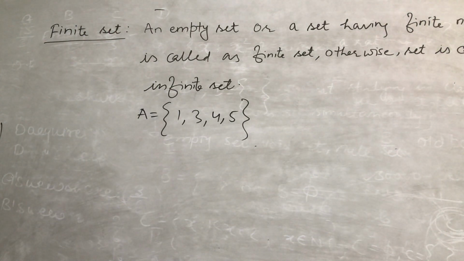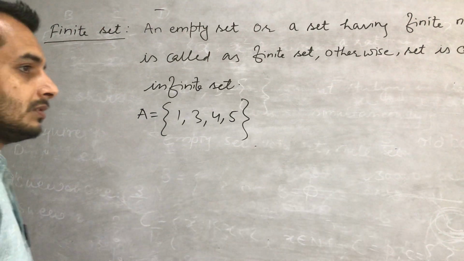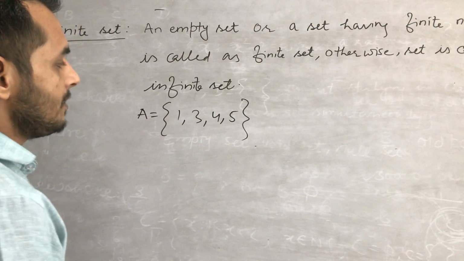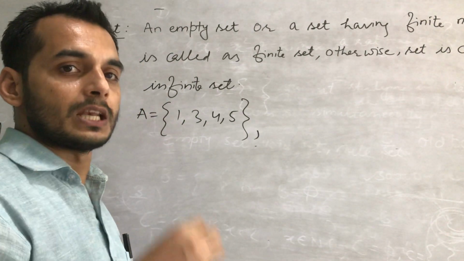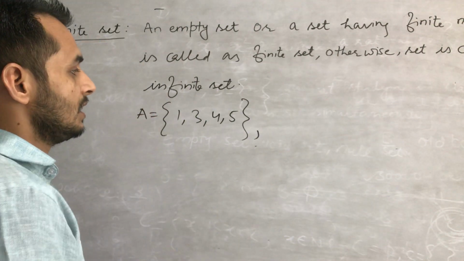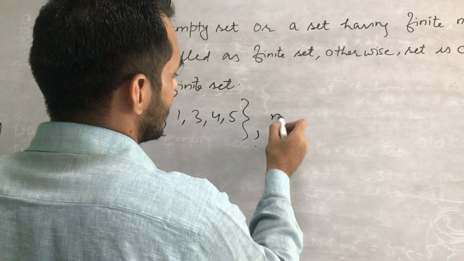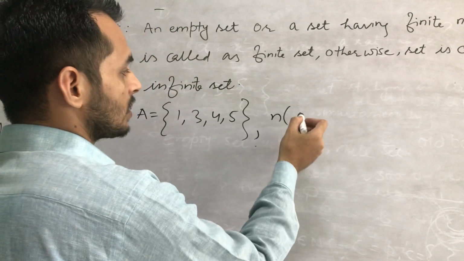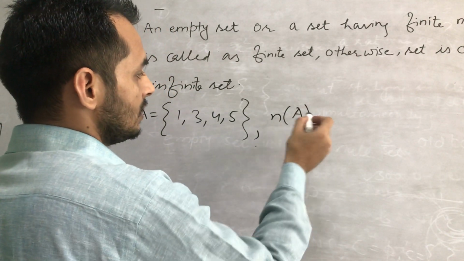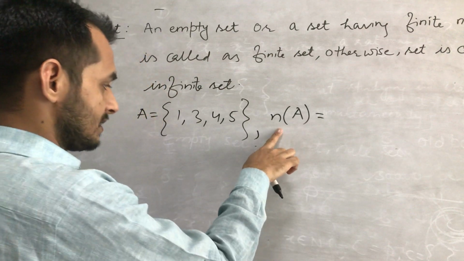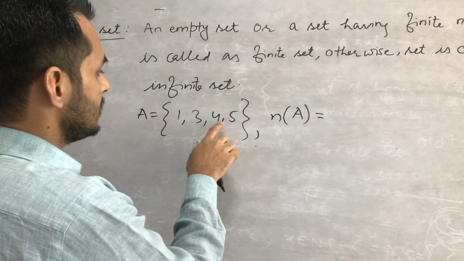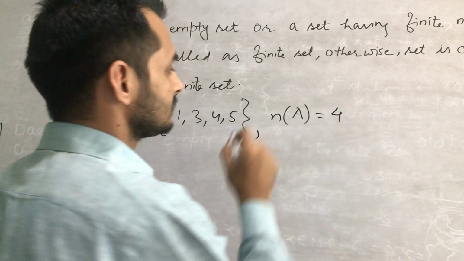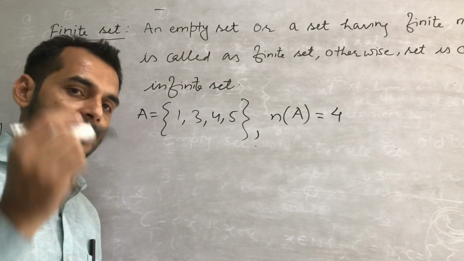The number of elements is 4. If I want to represent the number of elements of a set, it is represented by small n and whatever set we are talking about, let's say A. So n(A) means the number of elements in set A, which is 1, 2, 3, 4. Okay, let's take another example.